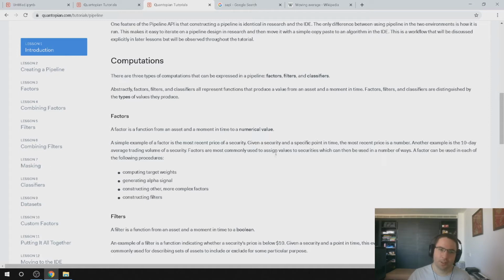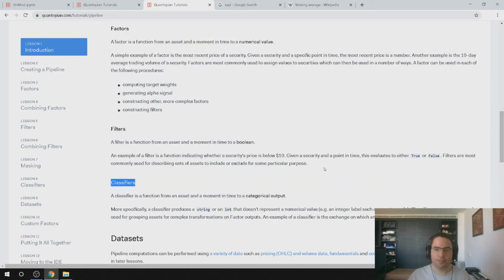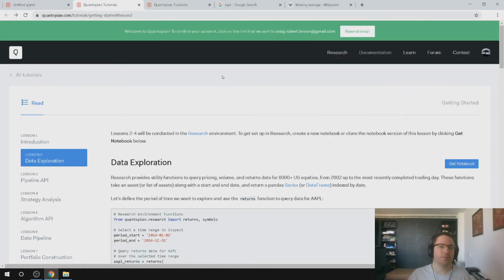You can take your numbers, your prices, sentiment values, and calculate some other number, which they call a factor. You can do some filtering on your data, so you can return a Boolean, so you can filter for stocks that have a sentiment above 10 or something. And then you've got a classifier, which will put the stocks into categories like good and bad or cheap and expensive. All right. So back to the original tutorial.